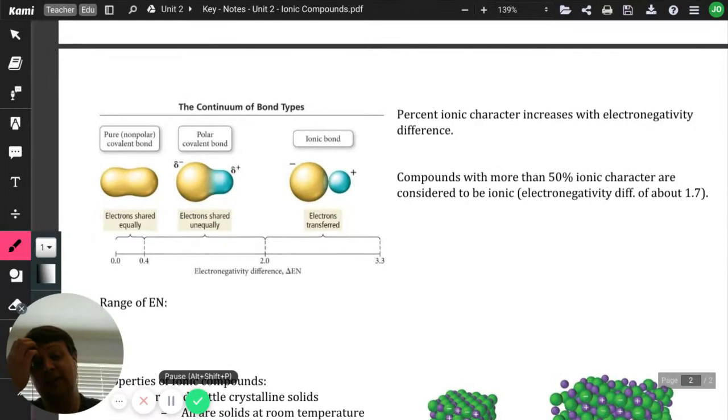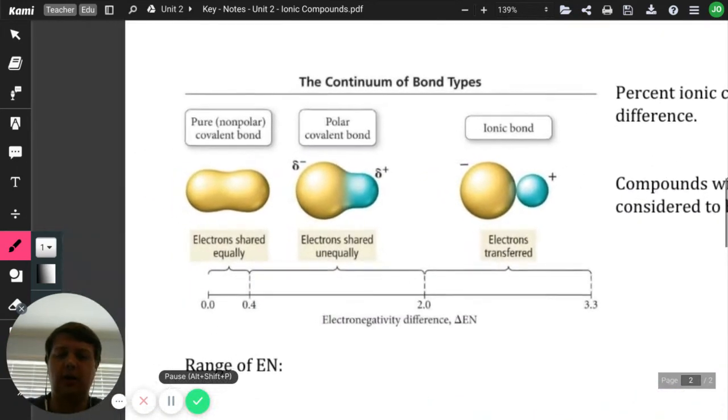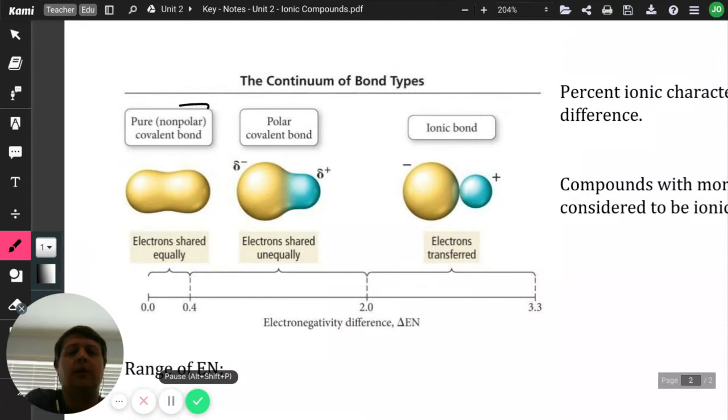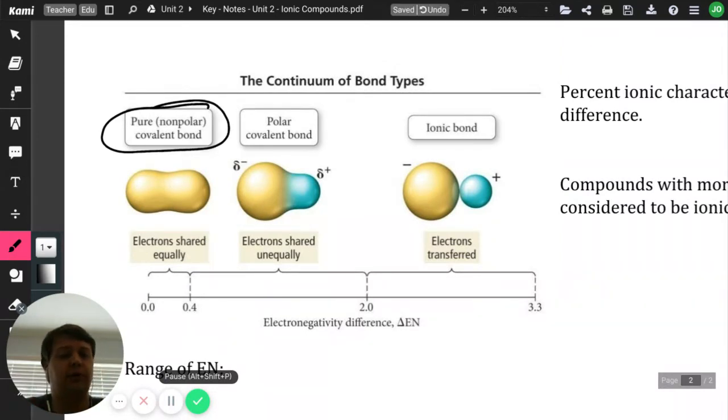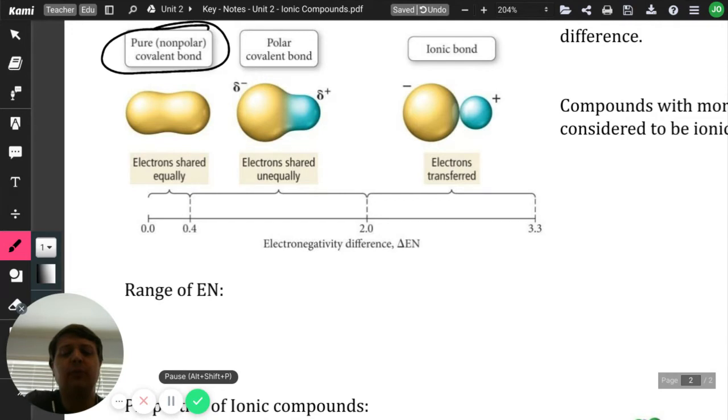So this is a continuum of those bond types, and this is looking at their differences in electronegativity. So right here, if I'm looking at a pure nonpolar covalent bond, those electrons are going to be equally shared. And so we're going to see a difference of electronegativity that's very small, between 0 and 0.4.